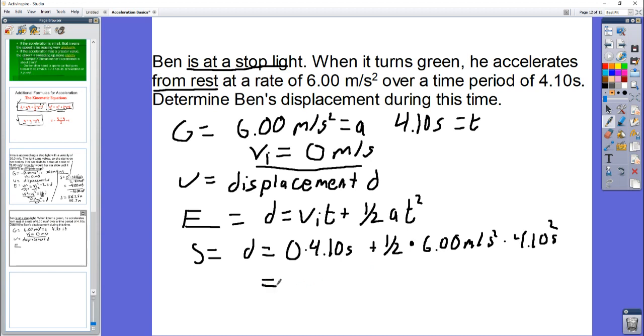So first things first, made it easier. 0 times anything is 0, so boom, big ol' 0 there. Plus 1/2 times 6.00 meters per second squared times, let's do 4.10 squared, so that's 4.10 times 4.10. Calculator tells me that comes out to 16.81.